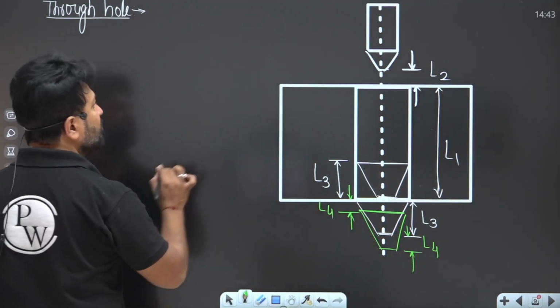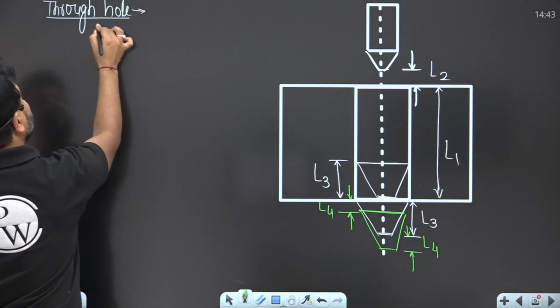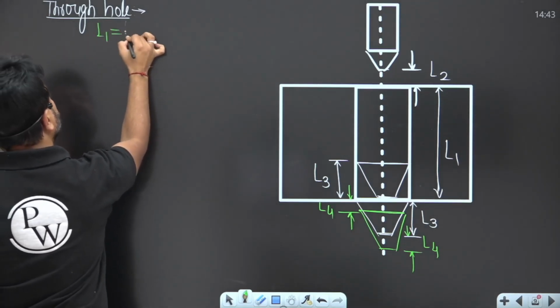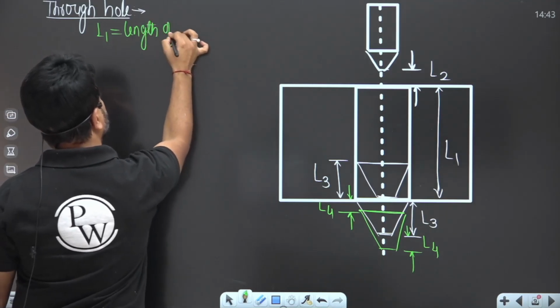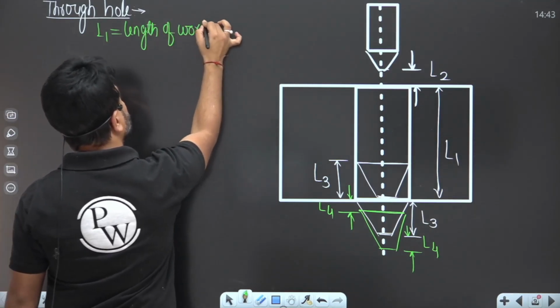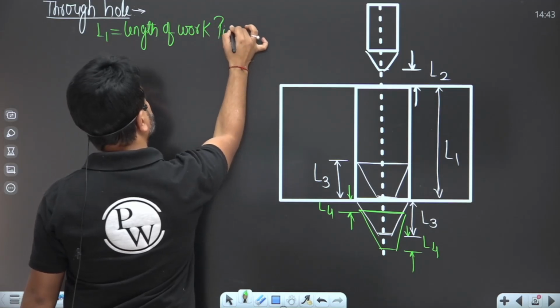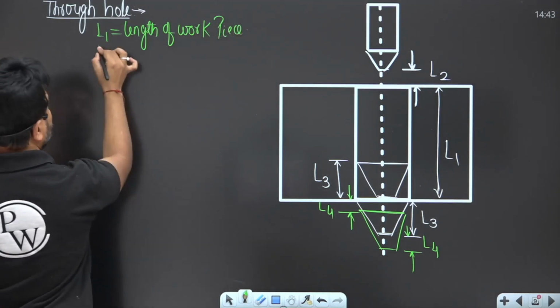So let me write down each and everything. L1 is basically the length of the workpiece which is going to be drilled.